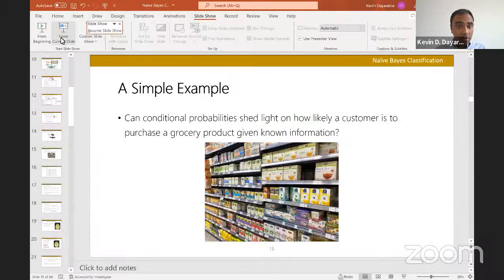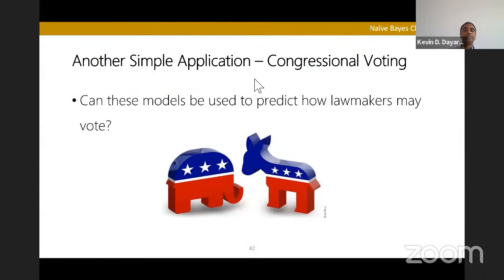It is going to be regarding political science, but that's okay because it's useful to see a variety of different applications here. So let me share again. We're going to go back to the slides.